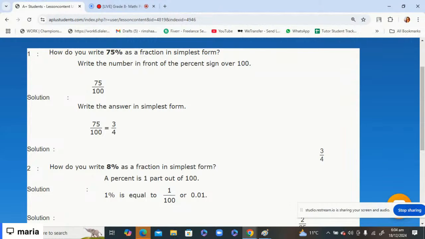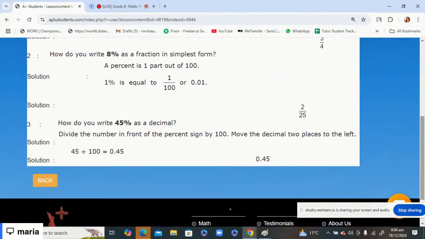So 75% means you divide 75 over 100. So 75 over 100, this is 0.75.